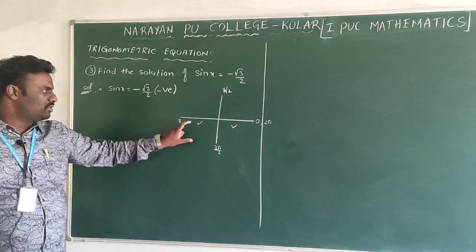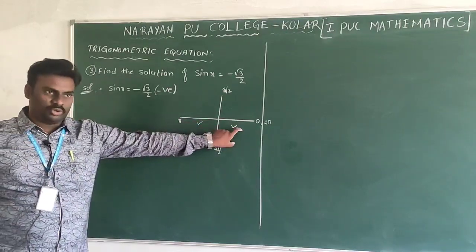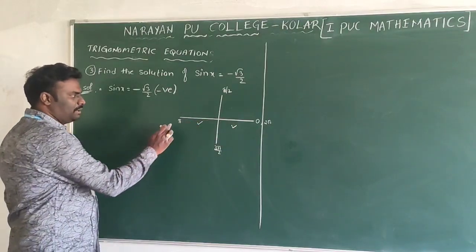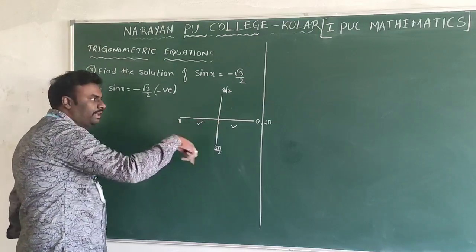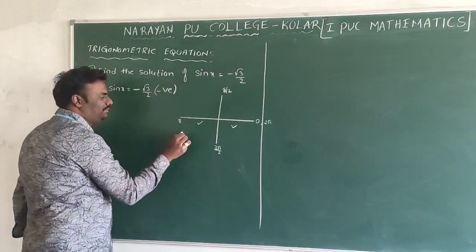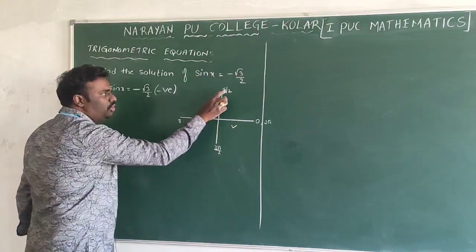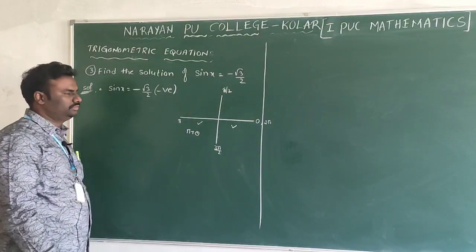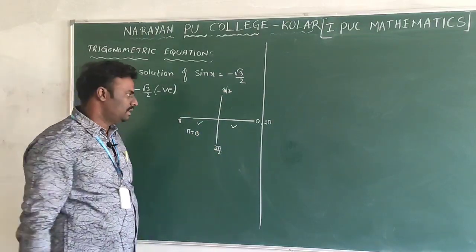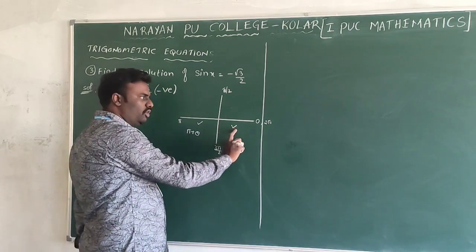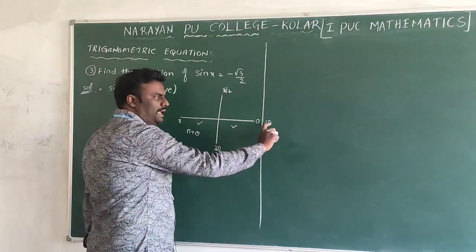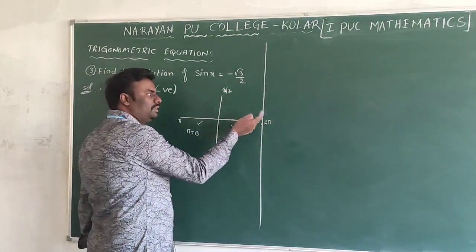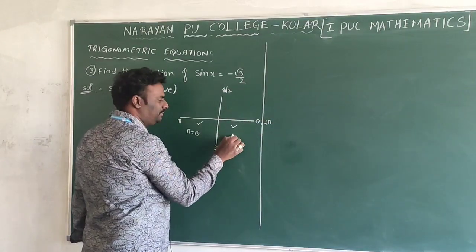So we will get one solution in the third quadrant, one solution in the fourth quadrant. This can be written as pi plus theta. Here pi minus theta. Don't use these two. If you use, your function will be changed. Similarly, fourth quadrant, I can write 2 pi minus theta. This one 2 pi plus theta.